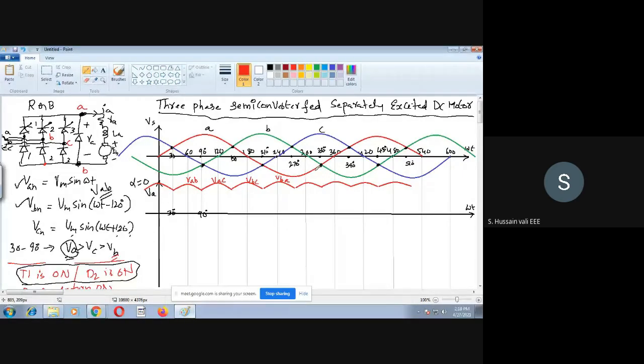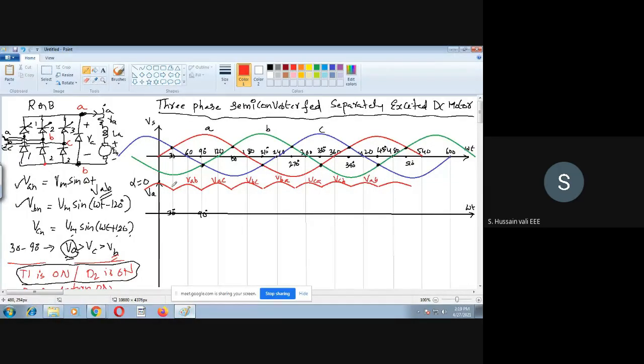Likewise this is VCA, this is VCB, and this is once again VAB, and so the cycle repeats.